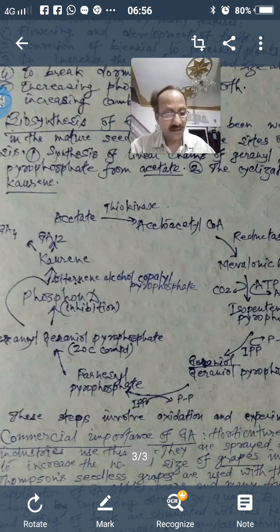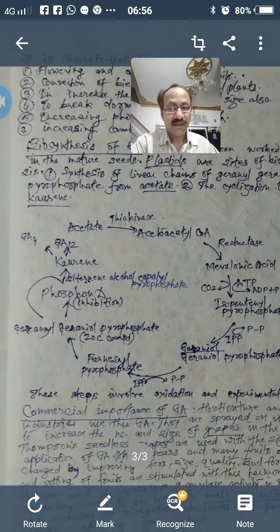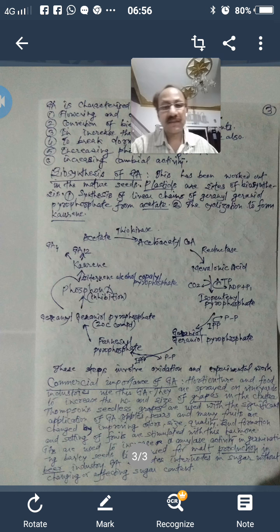Then later on Phosfon D may inhibit, and lastly kaurene is formed. Kaurene is converted into GA4, GA12, and the biosynthesis ends here.